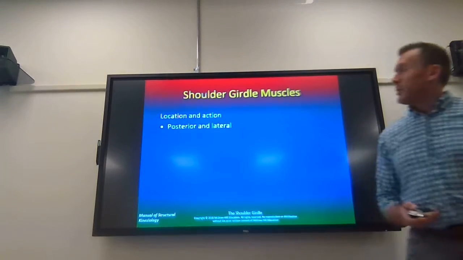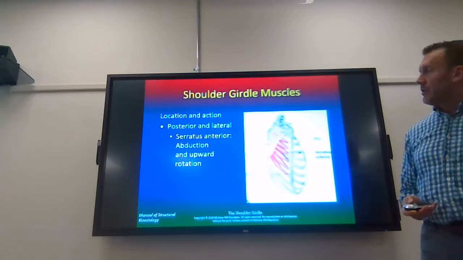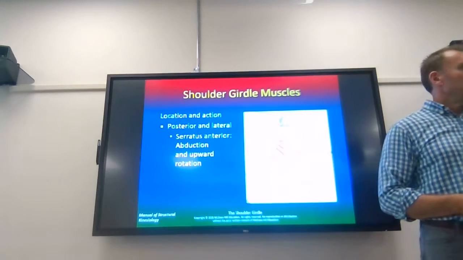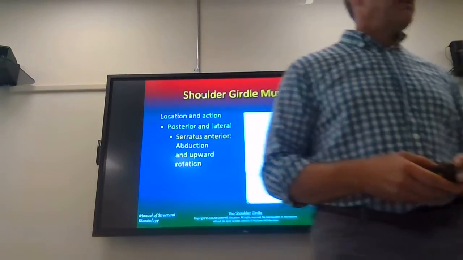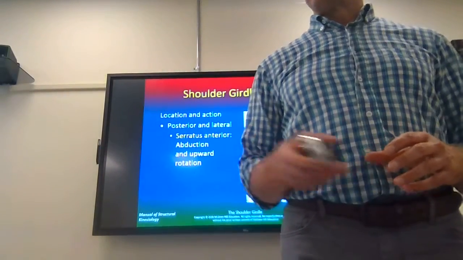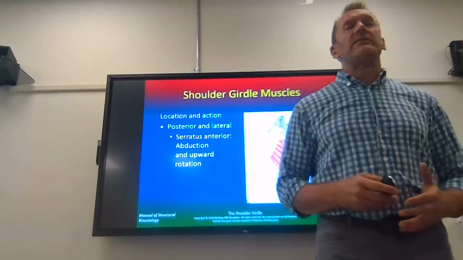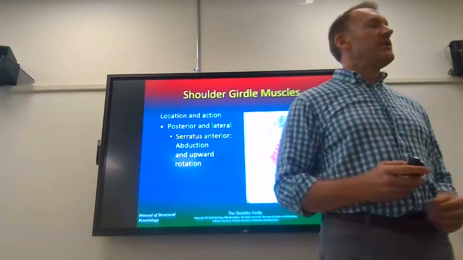So posterolaterally, we have the serratus anterior. That's involved with abduction and upward rotation. So very important. We talked about the winging of the scapula. So very important to strengthen that muscle through different closed chain functional activities. So what does that mean? Closed chain versus open chain.